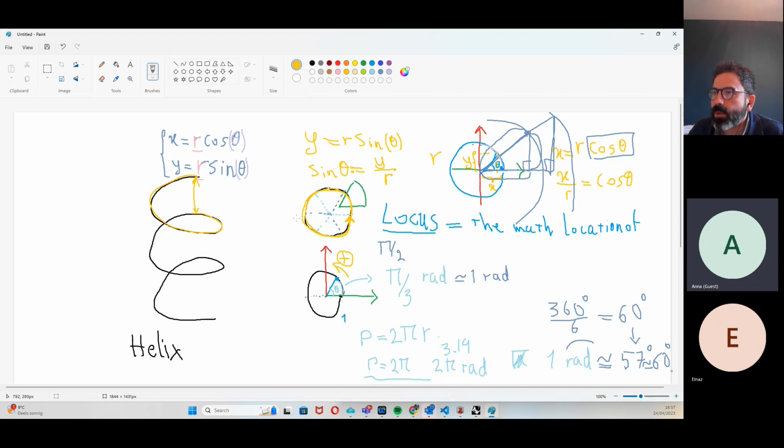Okay. So that tells us that we have a perfect parameter here, theta. And with one parameter, we can basically draw a shape, technically, as a locus of points. So we can start some points.